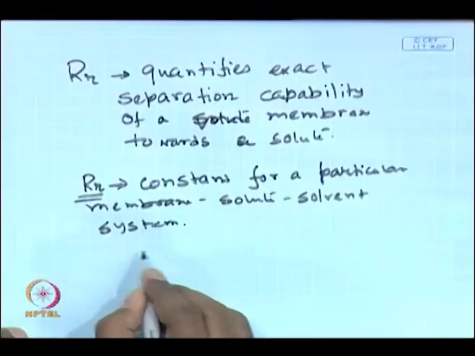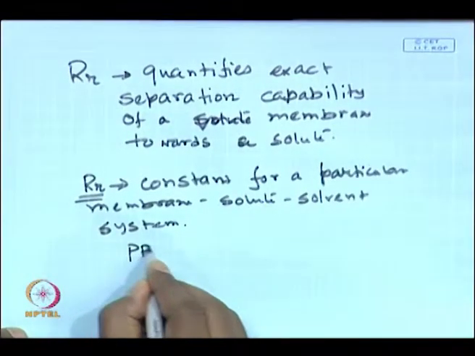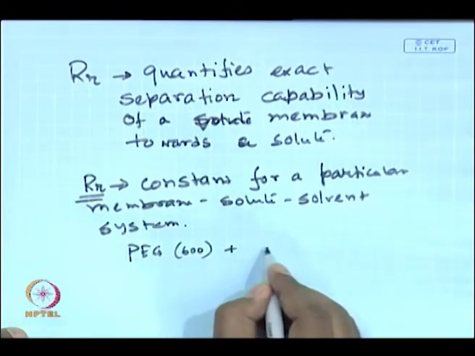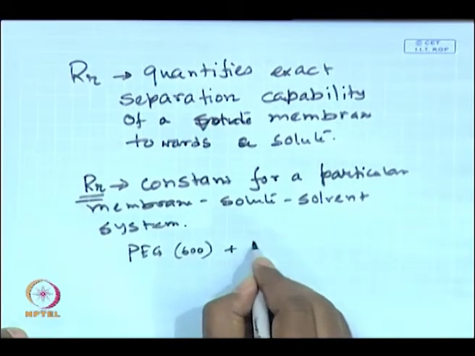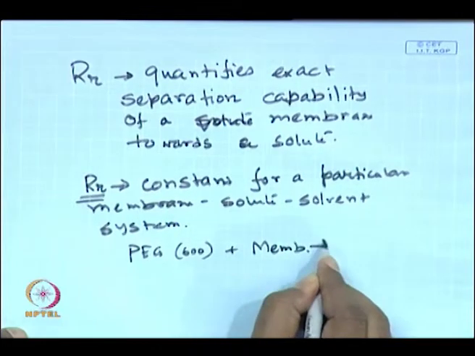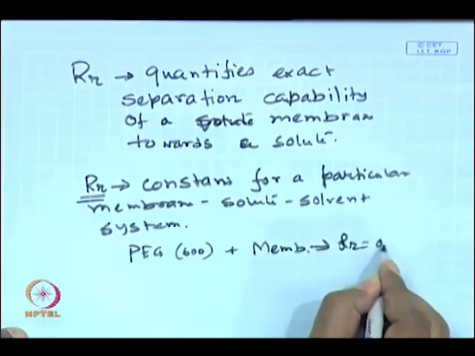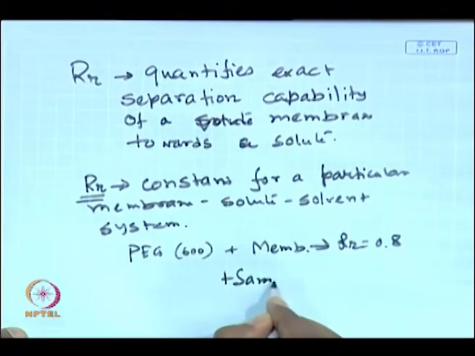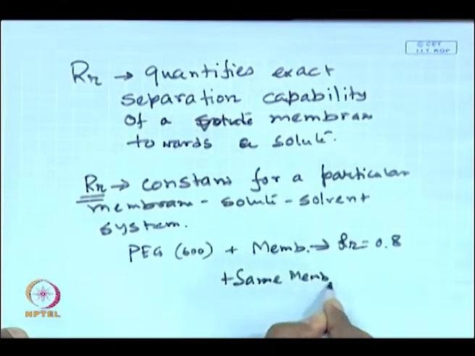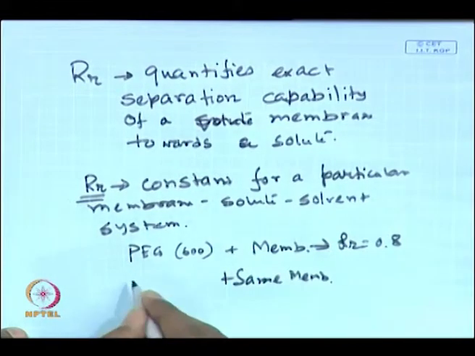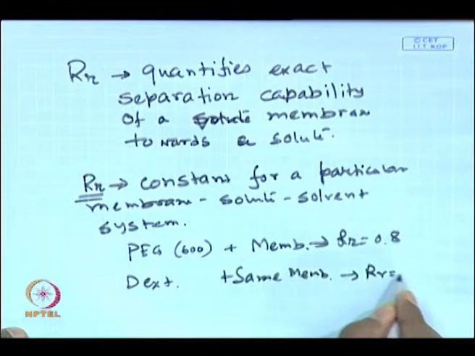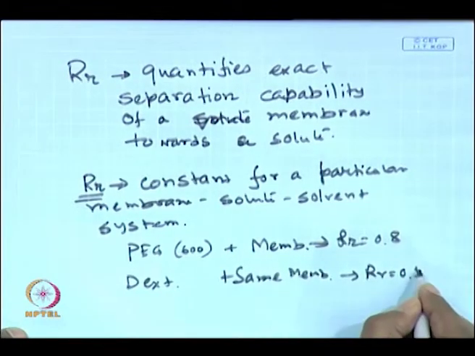For example, if we have an aqueous solution of polyethylene glycol, let us say 600, and if we have some kind of membrane, the real retention can be 0.8. But using the same membrane, if you use a different solute, for example dextran, the real retention can be something else, 0.1 or let us say 0.5.